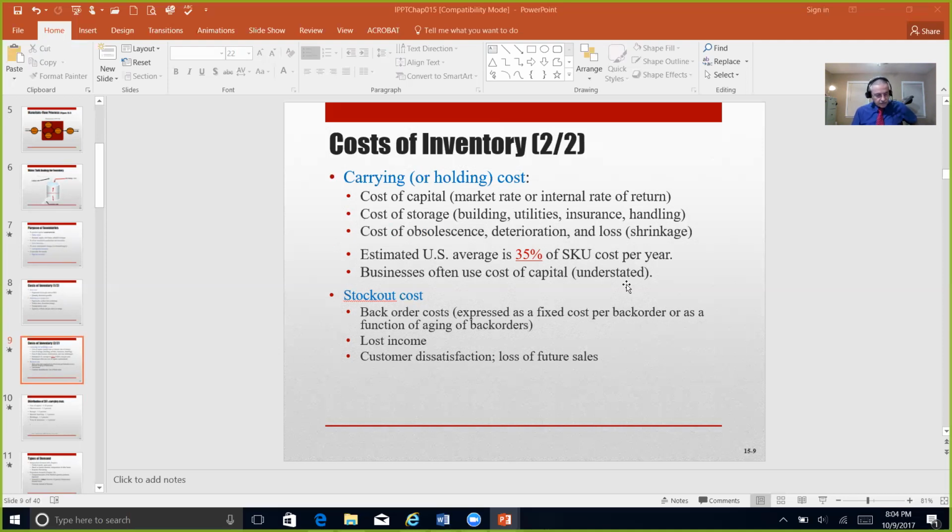Then the last cost of inventory deals with the stock out cost. That really reflects the economic consequences of running out of stock. This is where our customers really are not happy with us when they come to our place of business or go to online shopping, if we're doing that, or if we have a service that we're providing and we're not able to meet their needs.